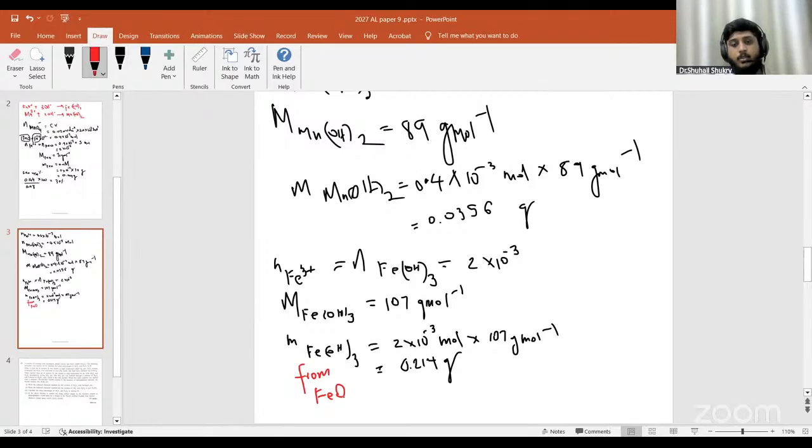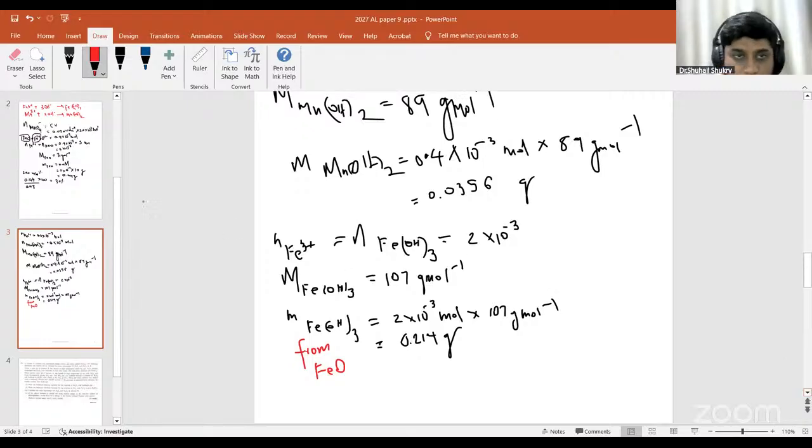Now I want these two masses. If I subtract them from the total mass, I will get the mass of Fe(OH)3 from Fe2O3.